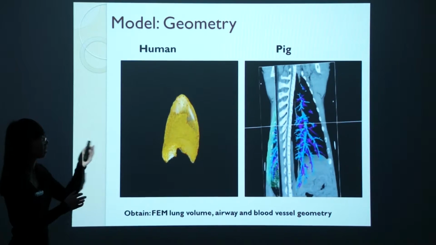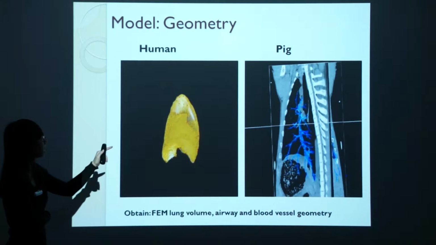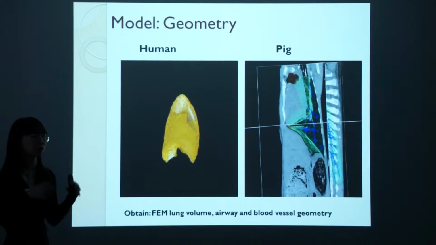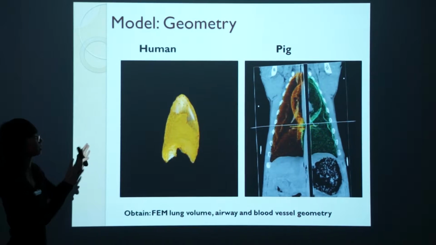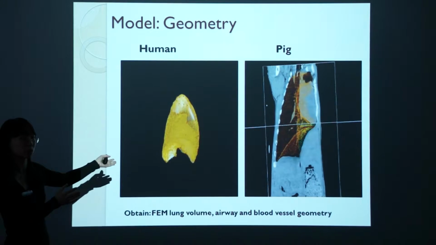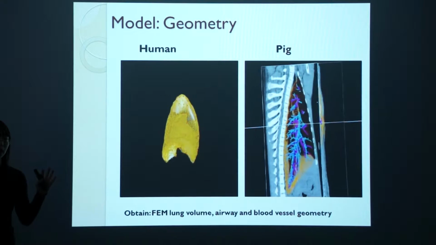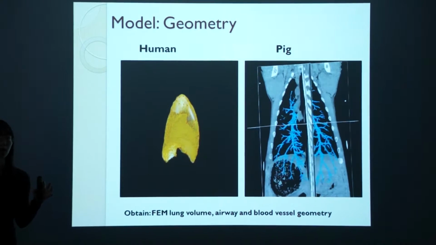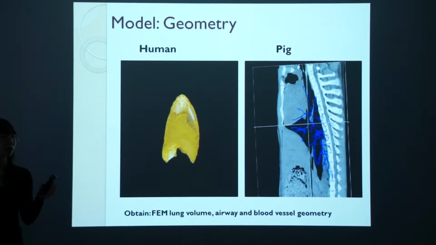We can identify the arteries and the veins from them. That's the data cloud that you see here. And we extend on those to formulate a full-grown tree of the whole entire pig lung. And that's all sitting within your lung tissue shape that's here. So you can imagine you already have different individualized personal geometry of your lung based on the CT. Now you have a virtual one in the computer.